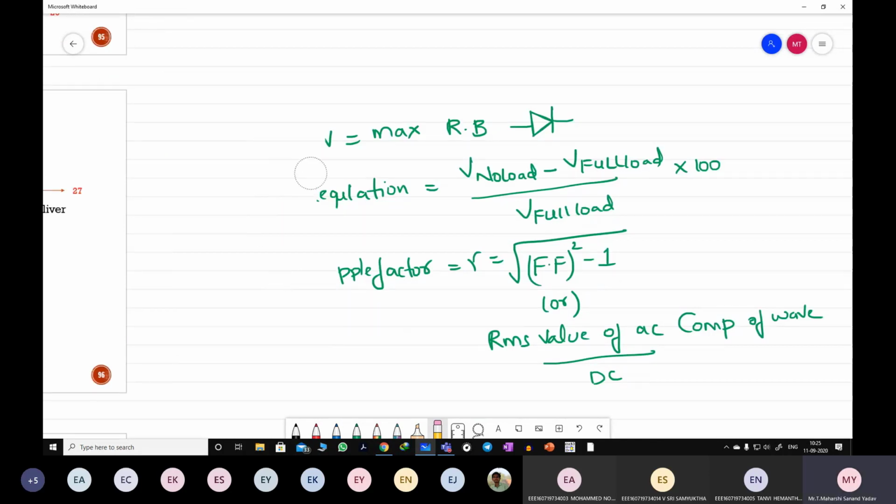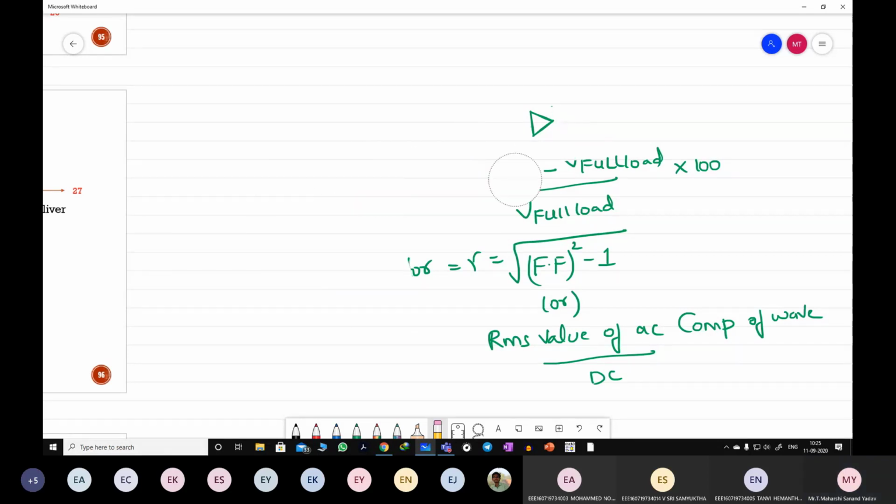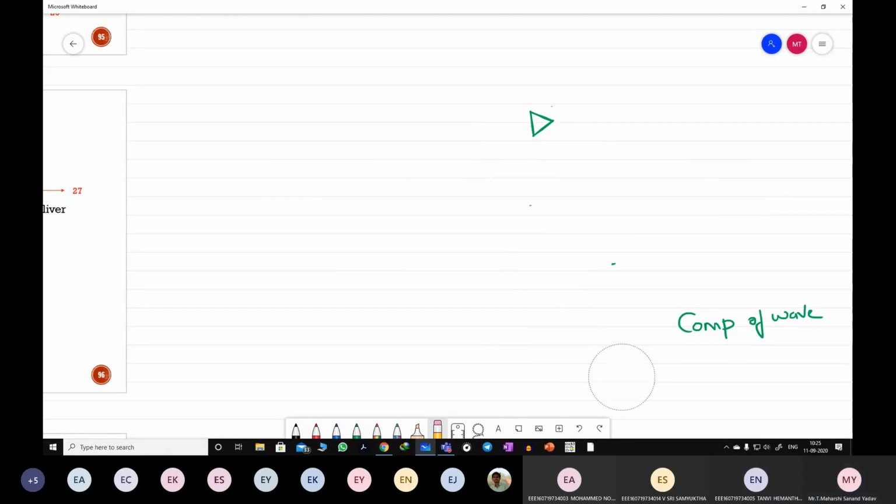Here, what is the load that we are using? Is it a resistor, capacitor or inductor? We are using a resistive load.